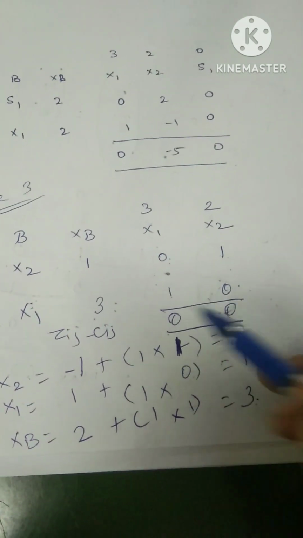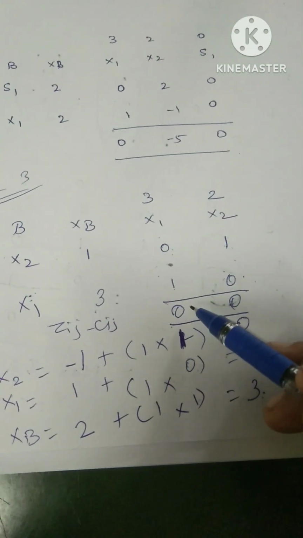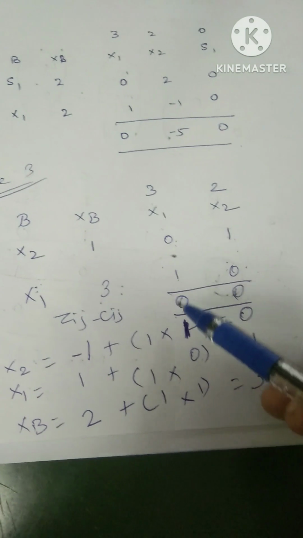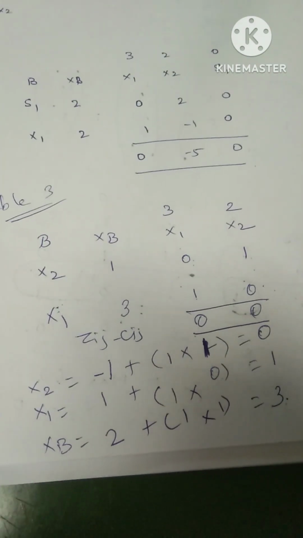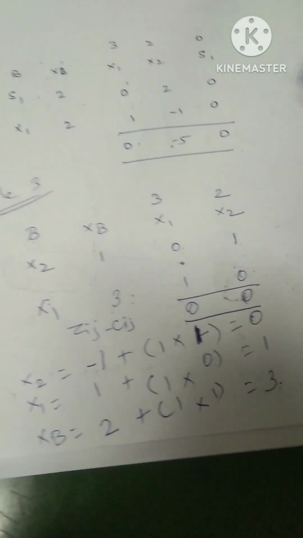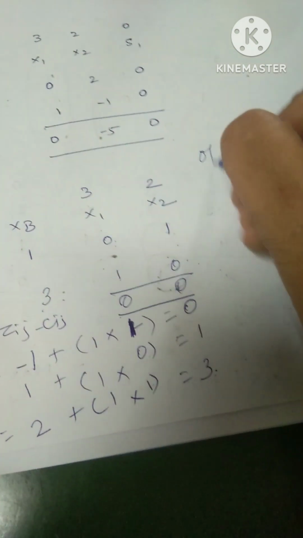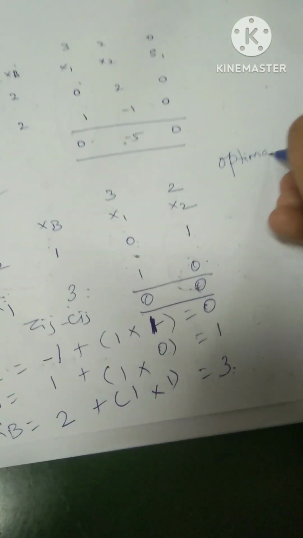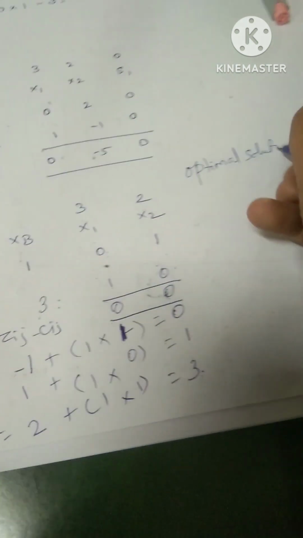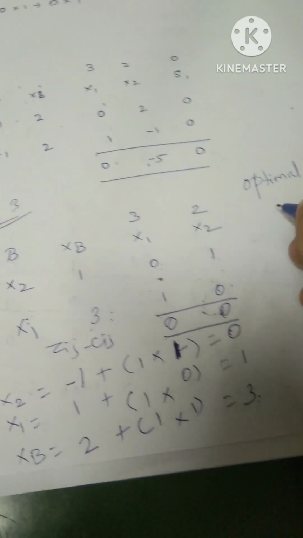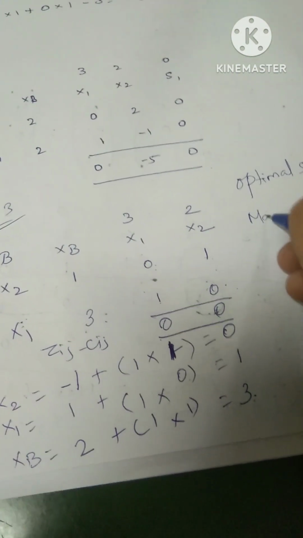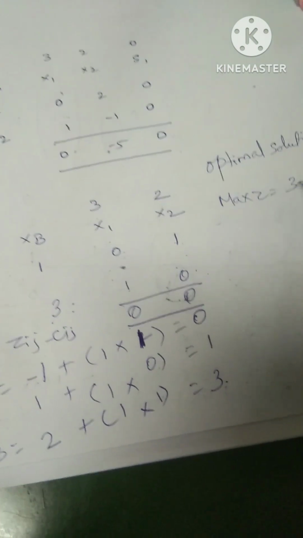So automatically all the Zij minus Cij values for x1 and x2 are non-negative, so we have received the optimum solution. How you find the optimal solution is by applying the objective function, that is maximum z is equal to 3x1 plus 2x2.